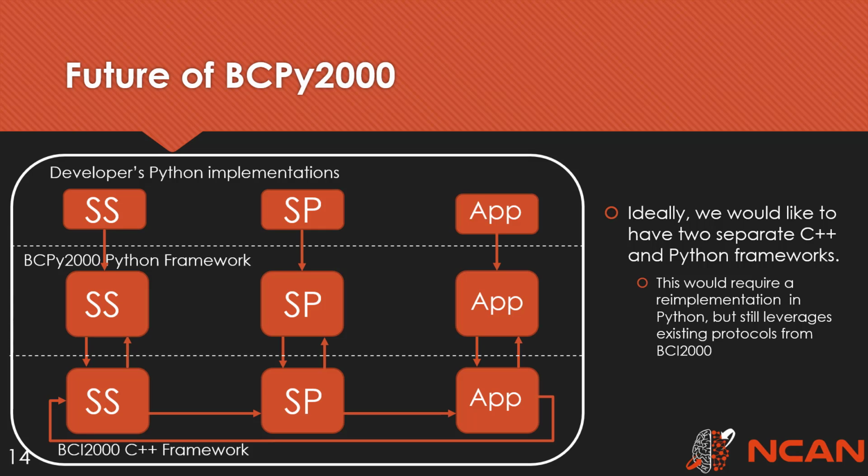But I still think that for the future this is an ideal setup compared to how we're doing things right now, where the BCPy2000 framework acts as the glue between the BCPy2000 and Python.